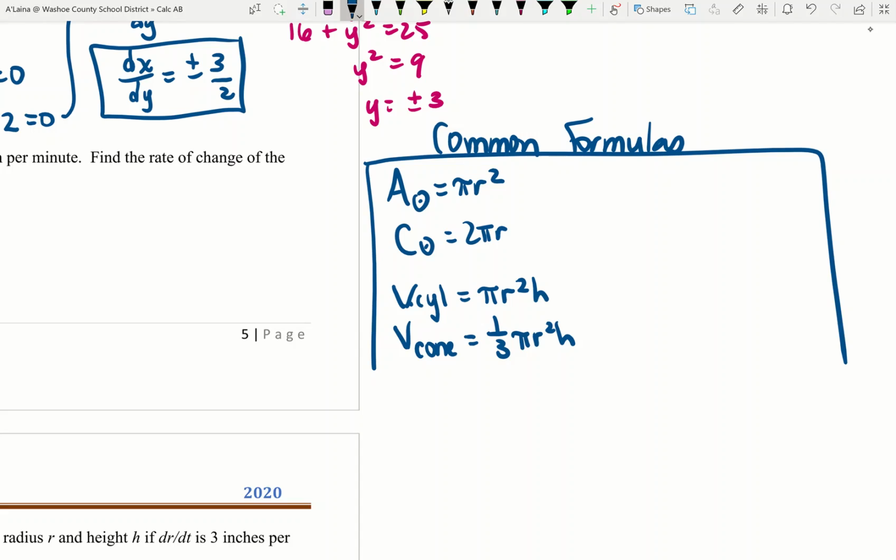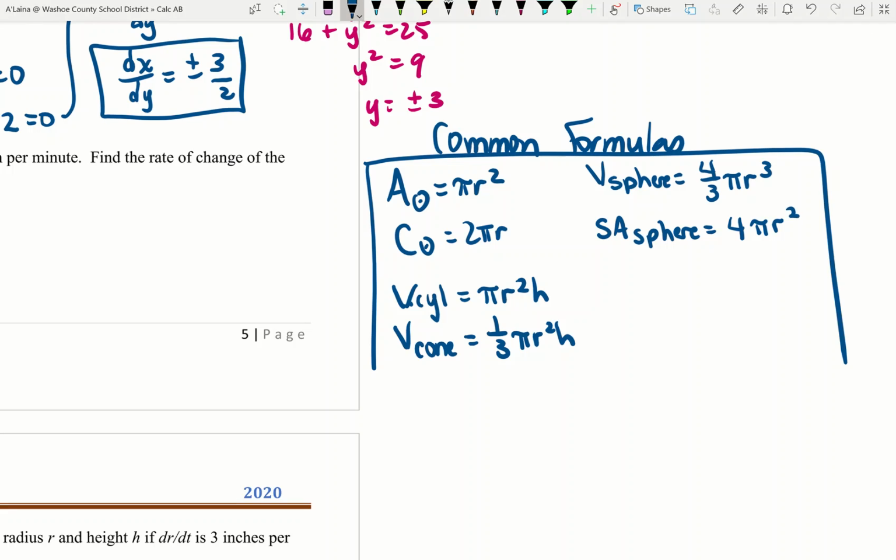The volume of a sphere shows up often, 4/3 pi r cubed, as well as the surface area of a sphere, which should be 4 pi r squared. And then sometimes we use triangles.